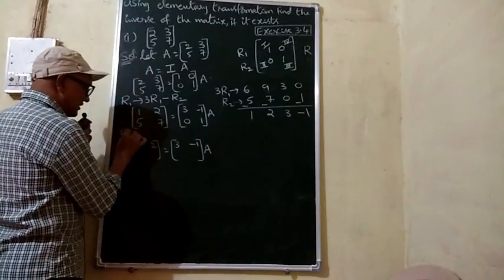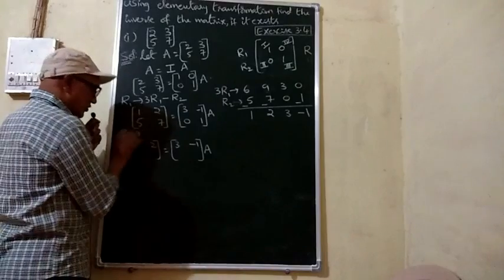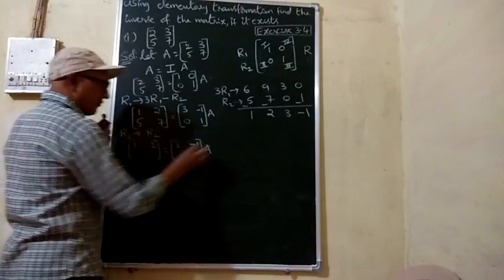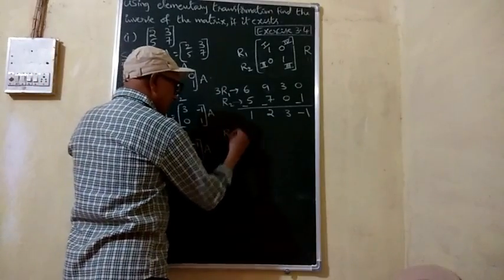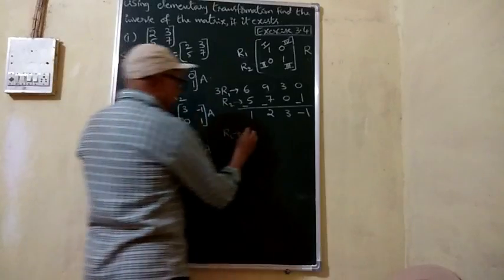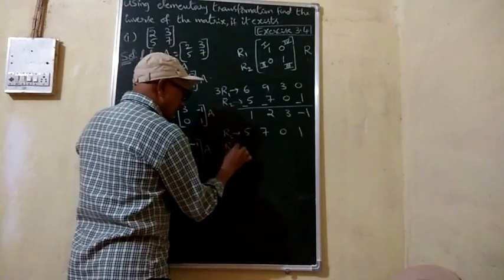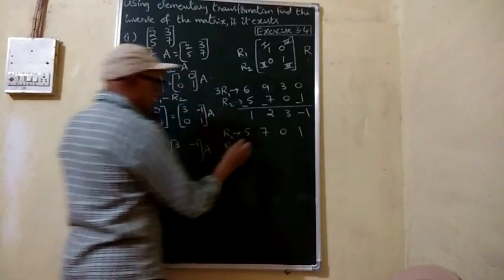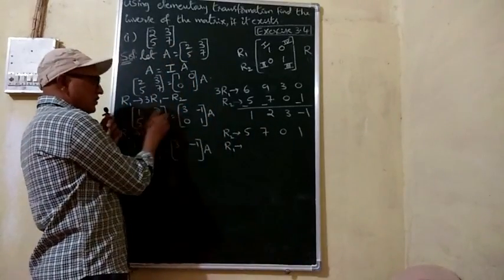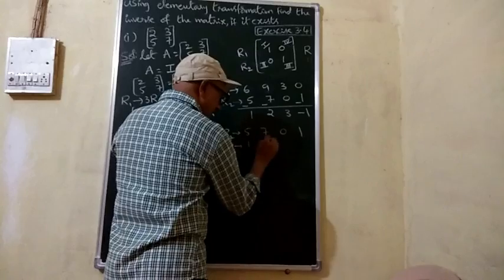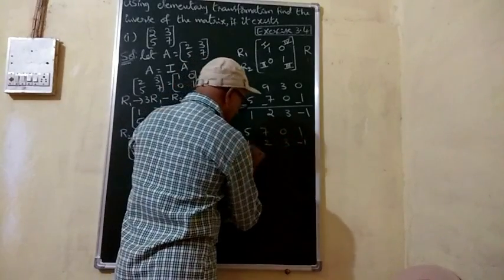We have to change the second row. R2. What are the elements in R2? 5, 7, 0, 1. R1. What are the elements in R1? 1, 2, 3, minus 1.